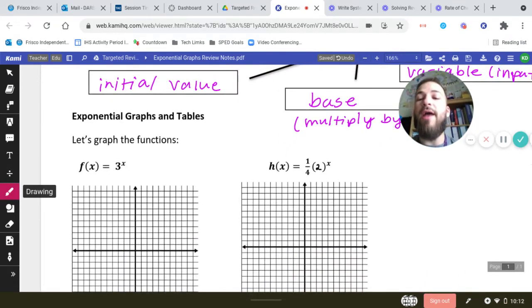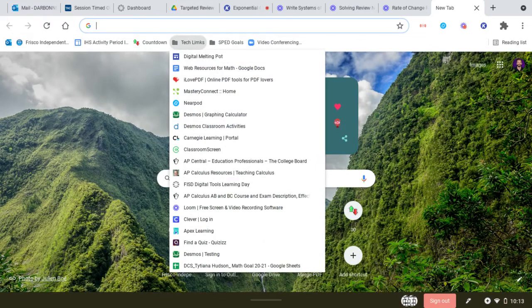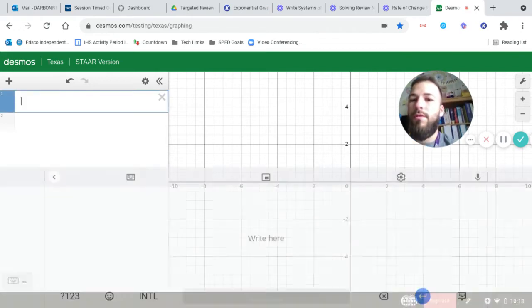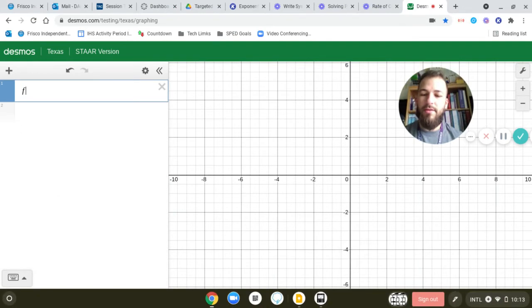Okay, so let's graph the functions f of x equals 3 to the x and h of x equals 1/4 times 2 to the x, and just see what they look like. Pulling up our Desmos calculator, we want to graph f of x is equal to 3 to the x.